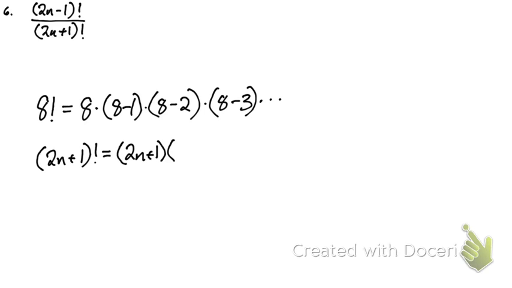So we have 2n plus 1 minus 1, which is then just going to equal 2n. Then my next step is subtract 1 again. So I have 2n. To get my next step, I'm going to subtract 1 and get 2n minus 1. And then we'd have 2n minus 2, 2n minus 3, 2n minus 4, and so on and so forth.